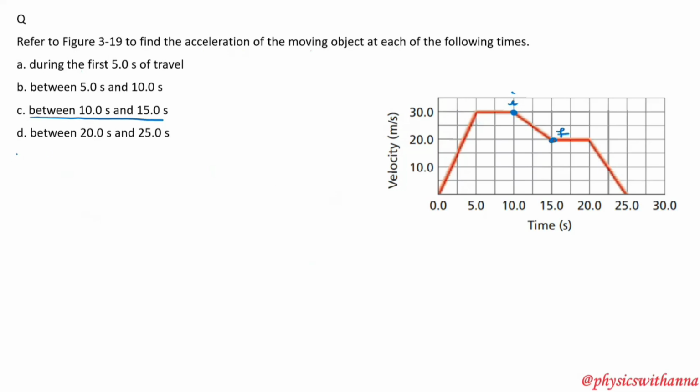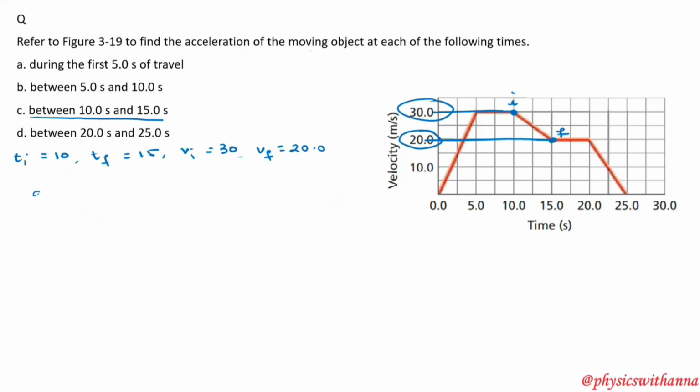So we write initial time to be 10, final time to be 15. Initial velocity will be whatever is the velocity value at point initial. So go along y-axis. This is initial velocity. Final velocity will be, go to the final point, move along the y-axis. Whatever number is here is your final velocity.